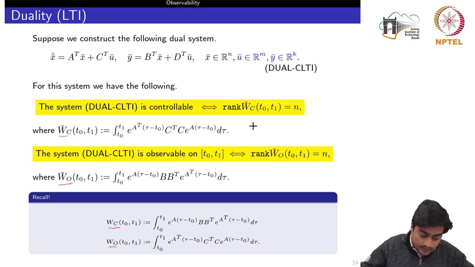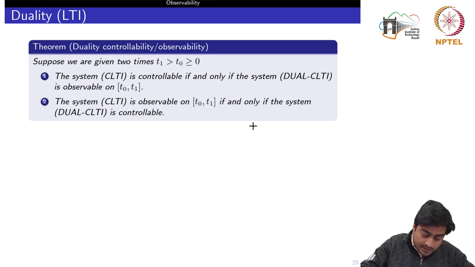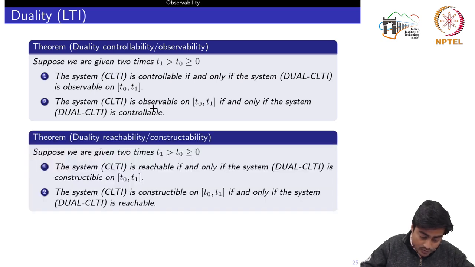Based on this, we have the immediate result that the system CLTI is controllable if and only if the dual system is observable, right? Similarly, the CLTI is observable if and only if the dual system is controllable. So they both are equivalent. The result would remain the same for the duality between reachability and constructability.